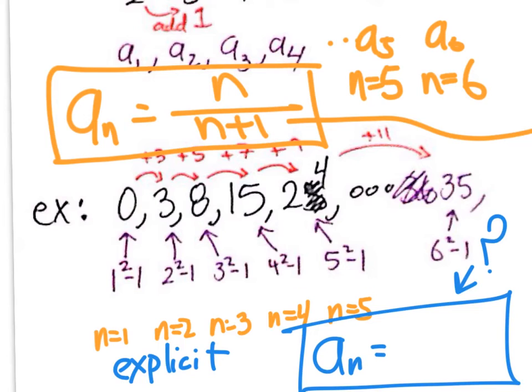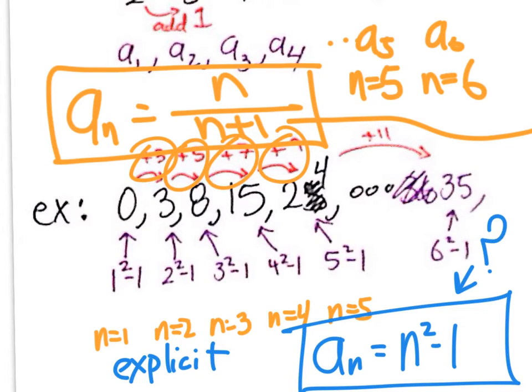So this is our answer: for the first term, 1 squared minus 1, second term, 2 squared minus 1. So for the nth term, it would be n squared minus 1. Using the information of the plus 3 and the plus 5 and the plus 7 and the plus 9 and the plus 11 to come up with an explicit formula is more challenging.